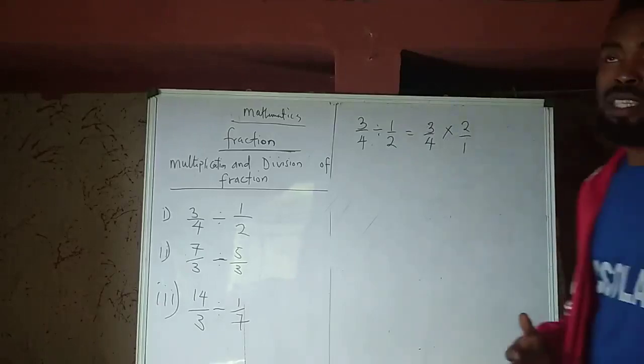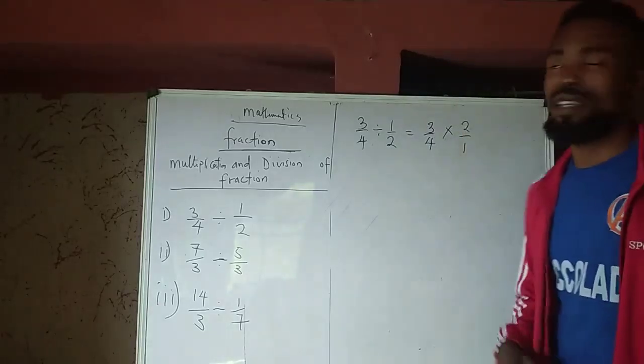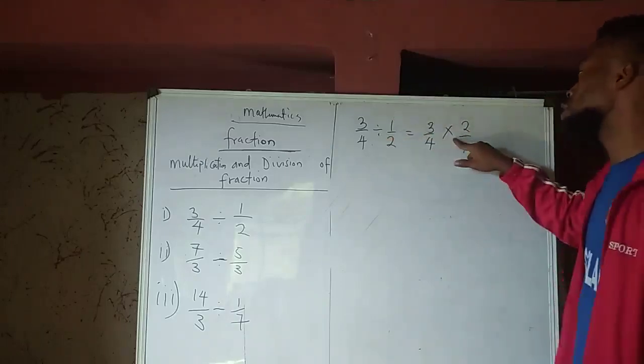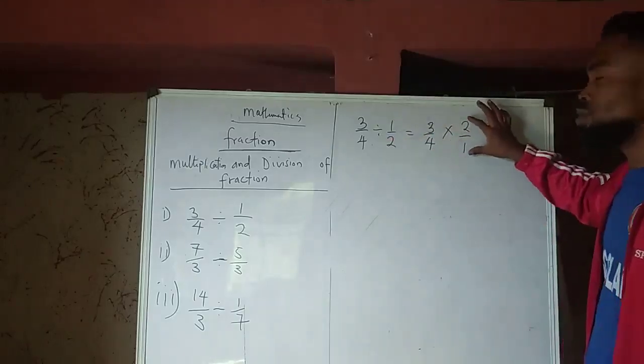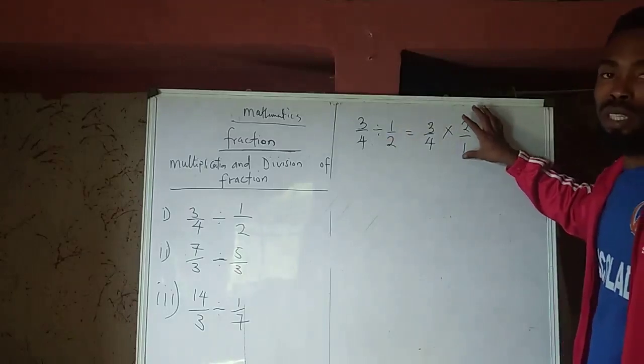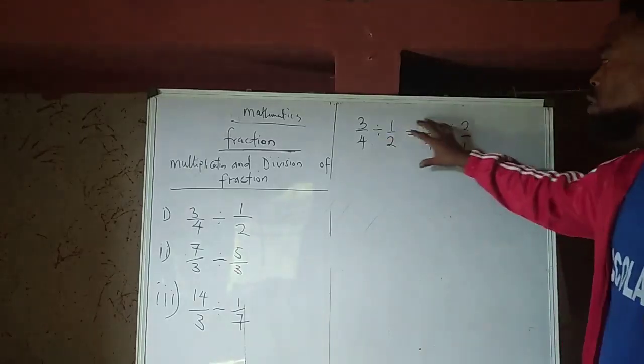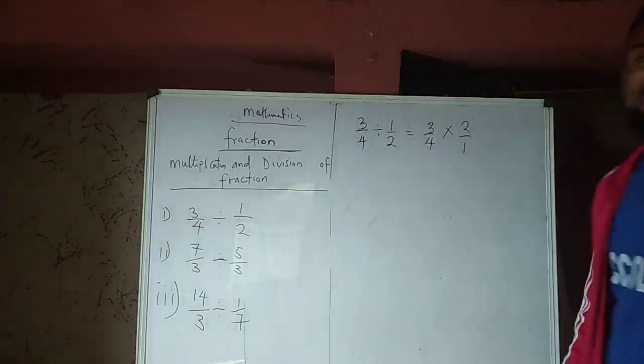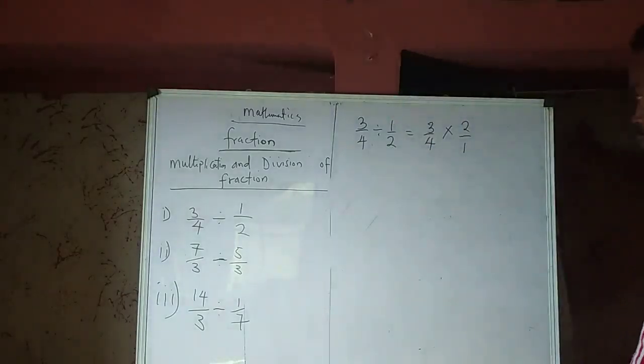Now, if you're very keen, you're going to see the difference here. Here I had 1 over 2, but on changing the division sign to a multiplication sign, I had to change this to 2 over 1. So 2 over 1 is the inverse of 1 over 2.